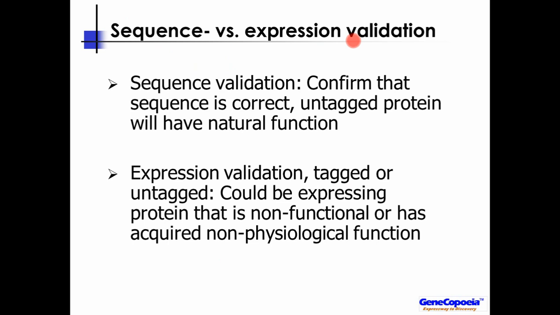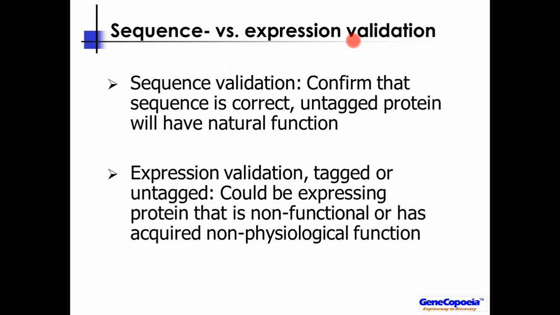But that's not always the best way to validate your ORFs, because if you don't sequence that ORF, then you could be expressing some kind of mutant with, say, a missense mutation, and the expression validation on a Western won't tell you that.